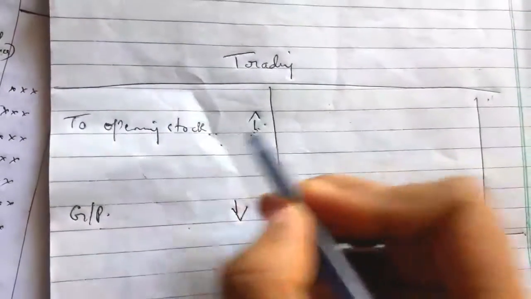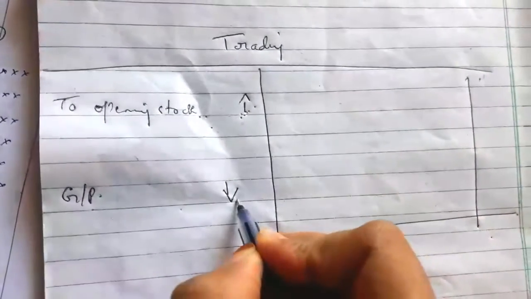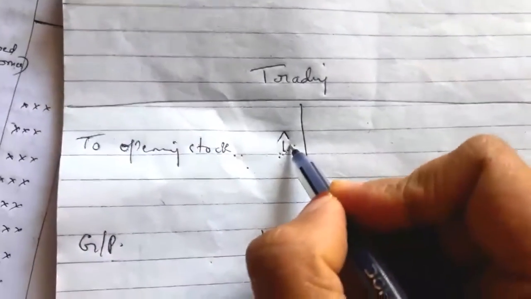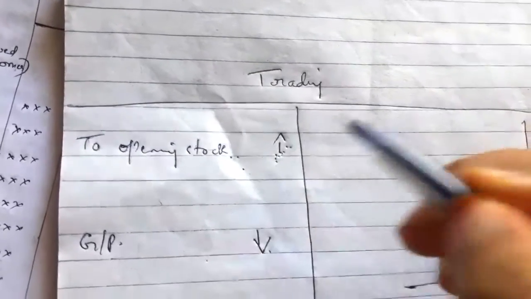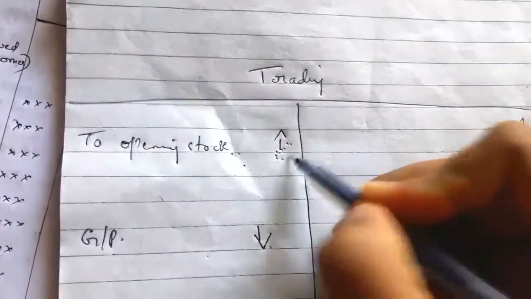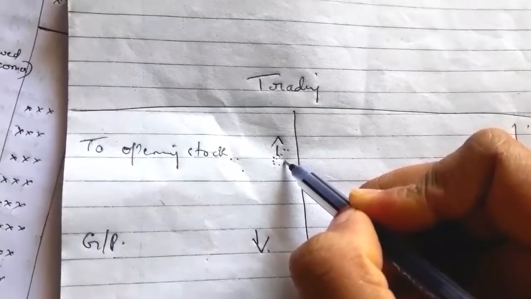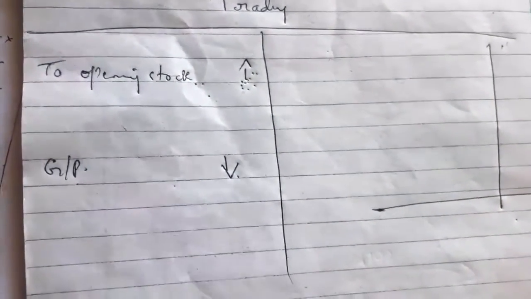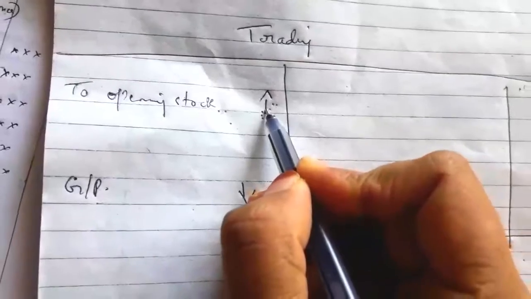When opening stock is recorded more, we get a gross profit less, and when gross profit is less, net profit also shows less. Because we have recorded more opening stock, our profit shows less. So we have to show our exact profit by cancelling this over-recorded opening stock.